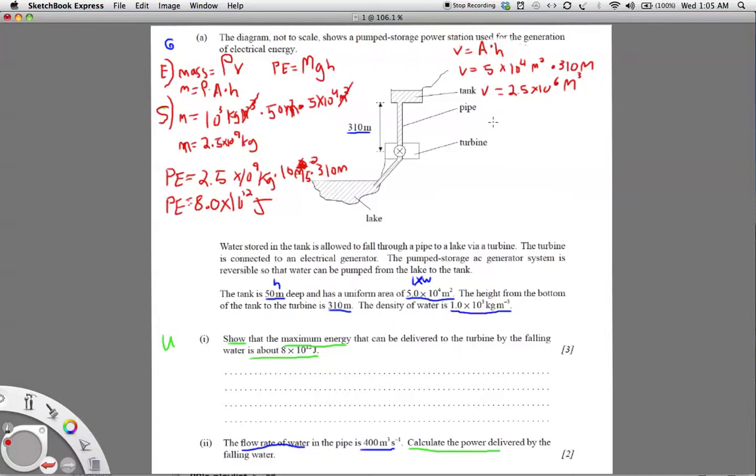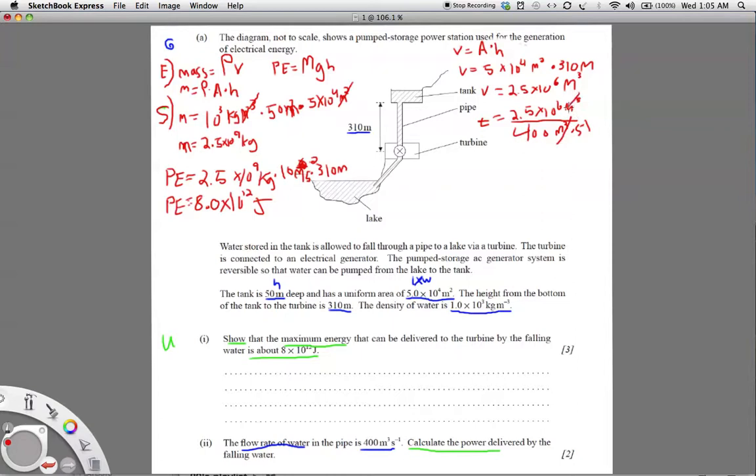So I have my total volume of water that falls out during the day, and if 400 cubic meters fall per second, the amount of time, T, is equal to 2.5 times 10 to the 6th meters cubed divided by 400 meters cubed times seconds to the -1.